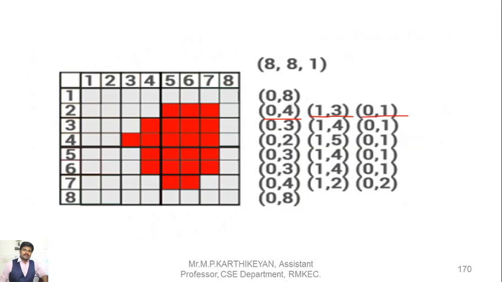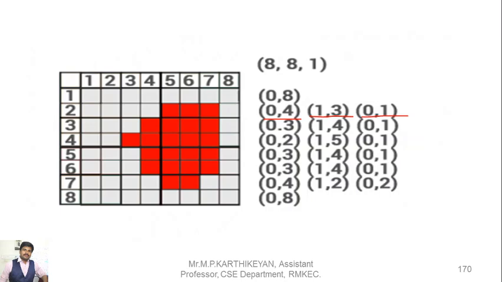Similarly, for row number 3, 0 is marked for the first 3 cells, 1 is marked for the next 4 cells, and 0 was marked for the last one cell. Similarly, for row number 4, 0 comma 2, 1 comma 5, and 0 comma 1. Similarly for row number 5, row number 6, and row number 7.